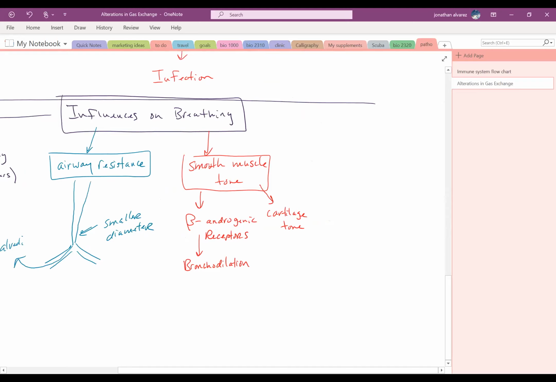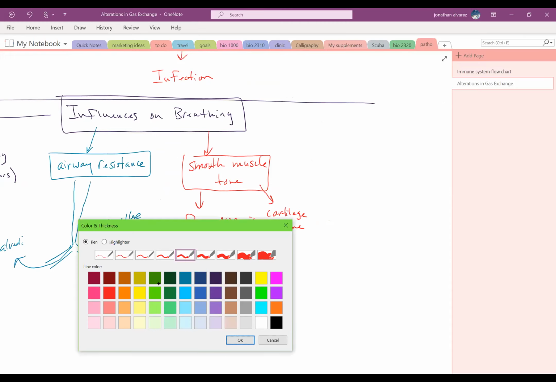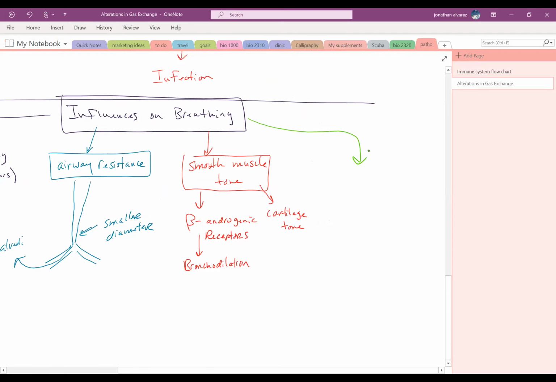Another one is circadian rhythms. Okay. All right, your circadian rhythms. Now this is interesting.